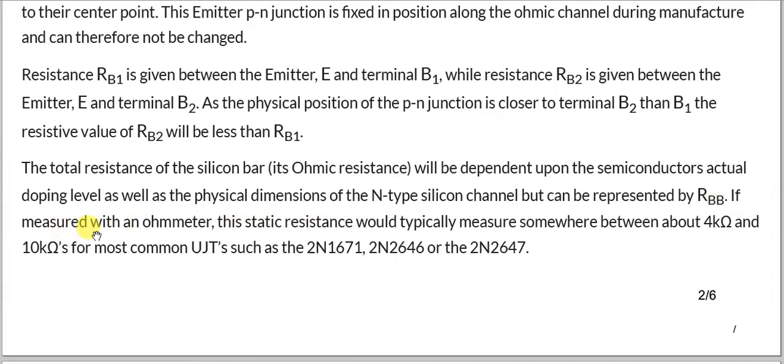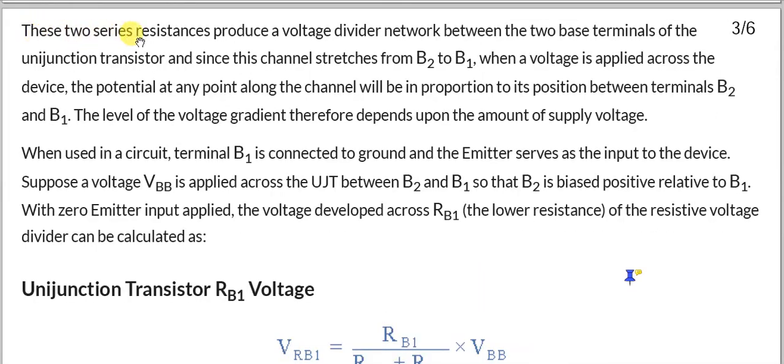If measured with an ohmmeter, the static resistance would typically be somewhere between about 4 kilo ohms and 10 kilo ohms for most UJTs, such as the particular models 2N1671 and so on. These two series resistors produce a voltage divider network between the two base terminals of the unijunction transistor.